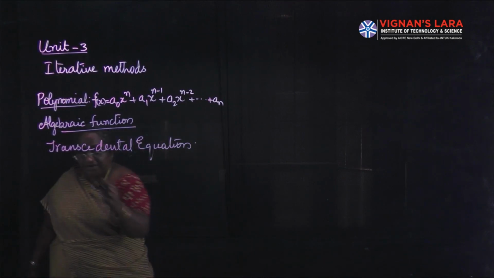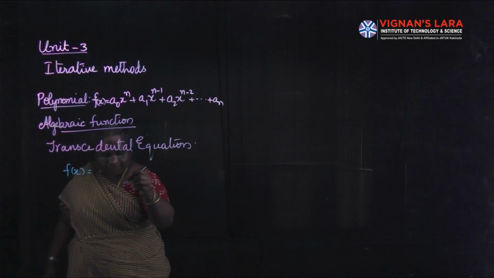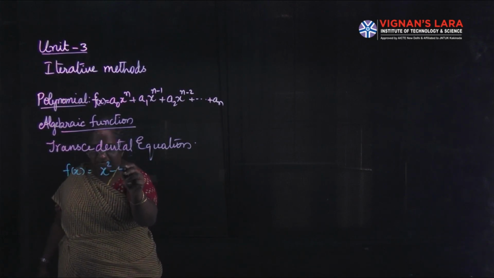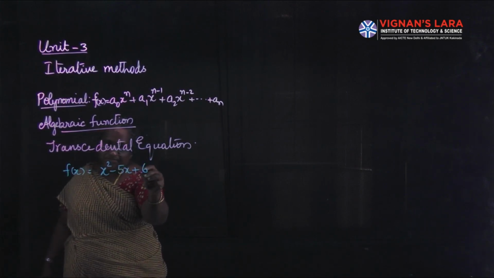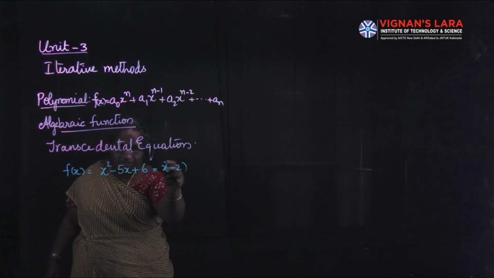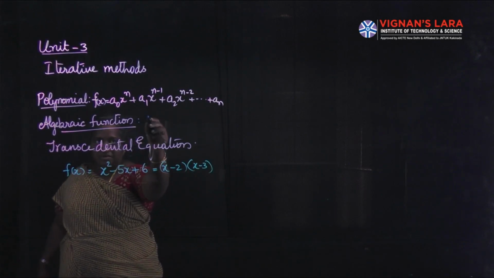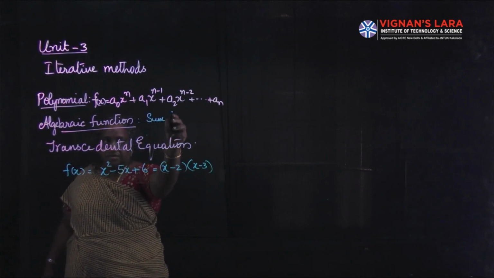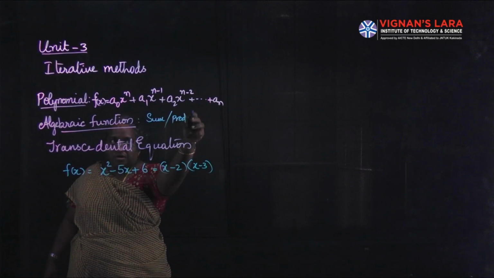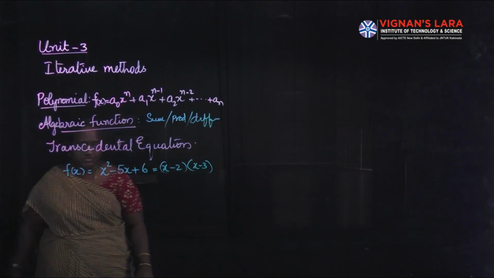If I write f(x) = x^2 - 5x + 6, I can write this as (x - 2)(x - 3). That is what I told you: an algebraic function means we can express it as a sum, product or difference of polynomials.